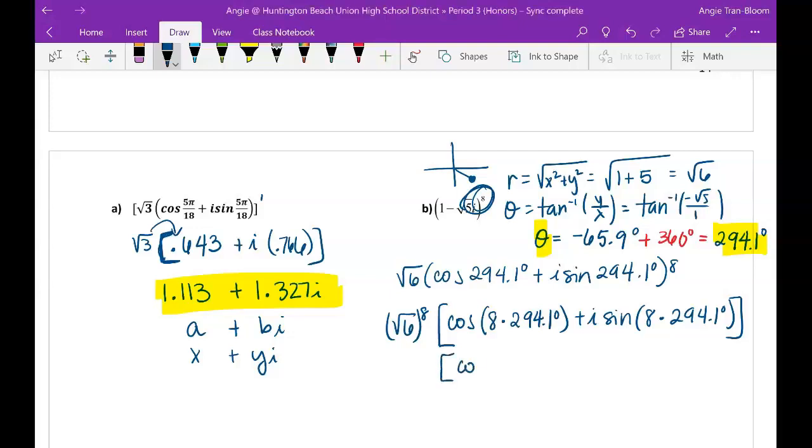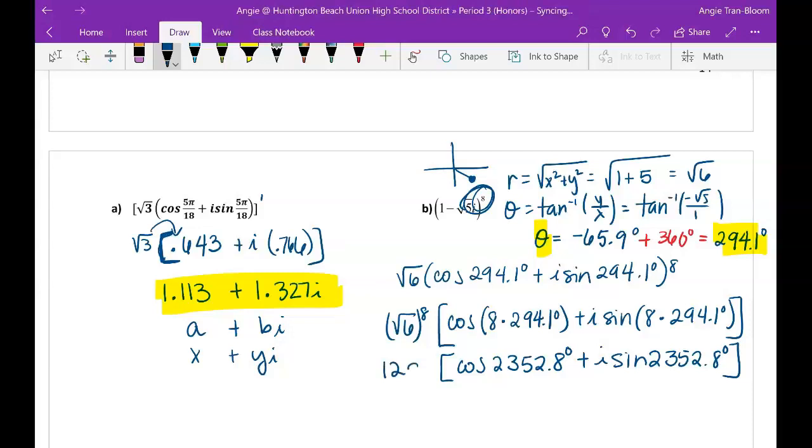Here we go. Cosine of 2352.8 degrees. Okay, so I'll bring down the radius in just a second. Since I have this on my calculator, I don't want it to go to sleep, so I'm going to copy that down. So rad 6 to the 8th, the radicals are gone. So now that's just going to be 1296.